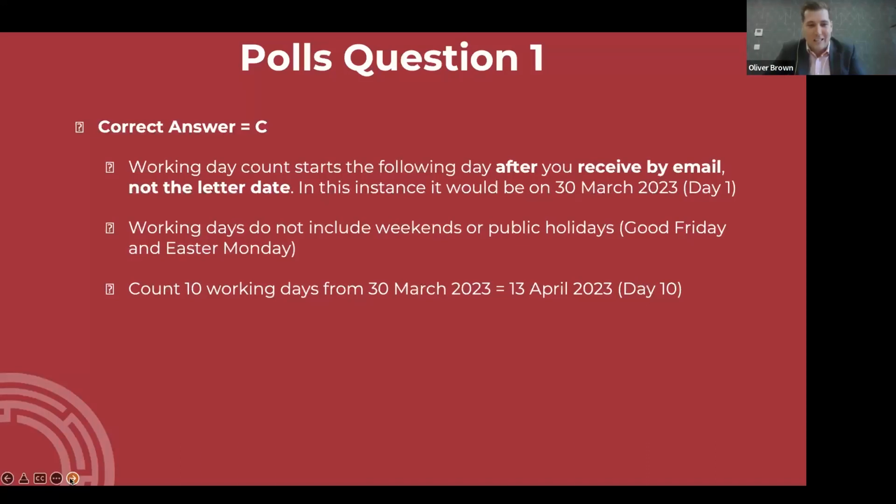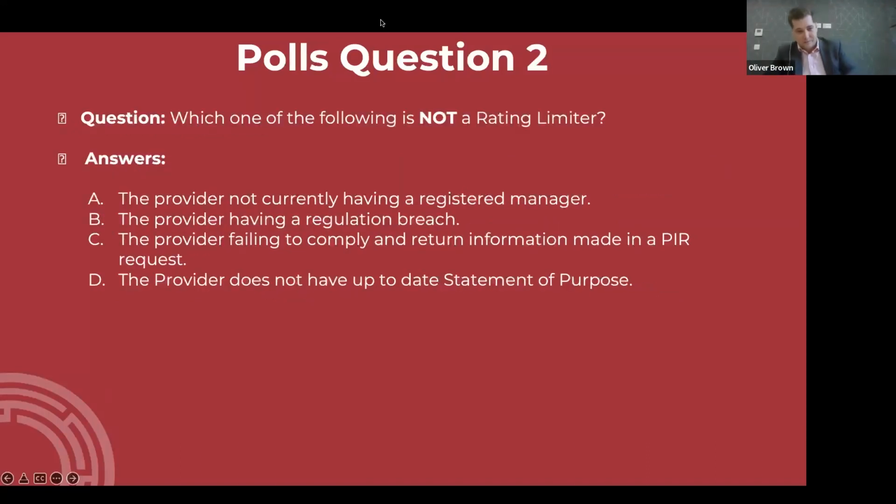If we could go to the next poll then. Okay, so this one is, which one of the following is not a rating limiter? We've talked about that quite a lot.